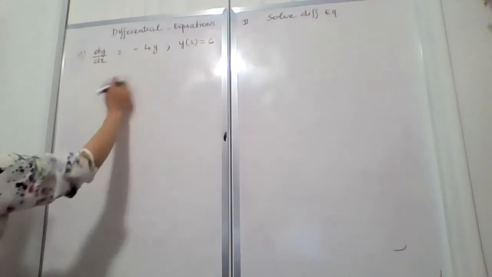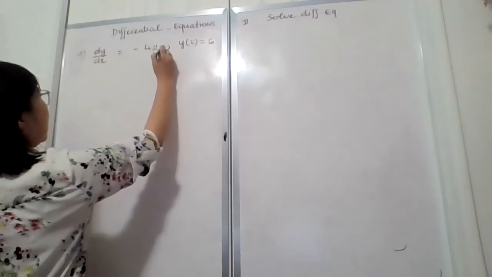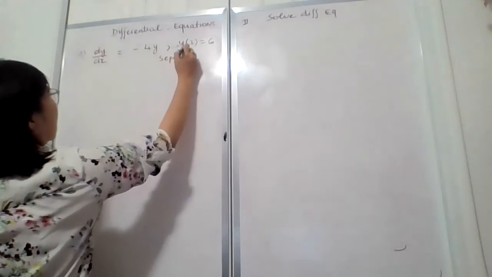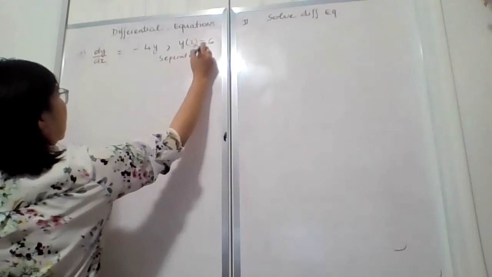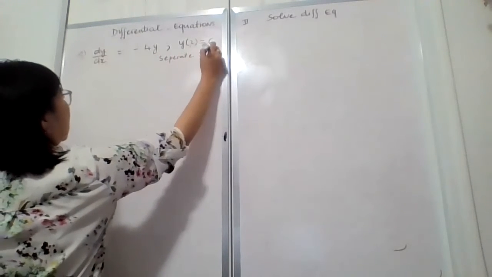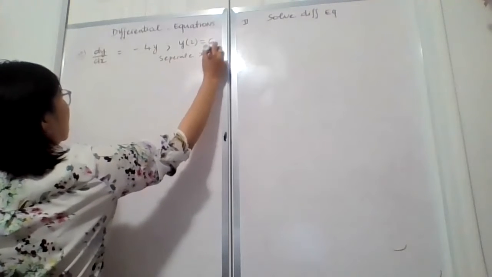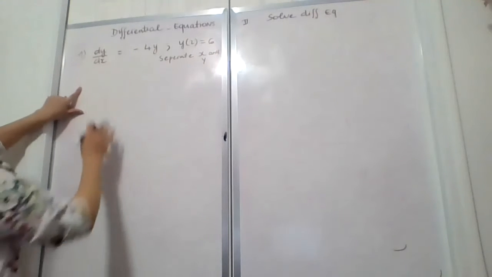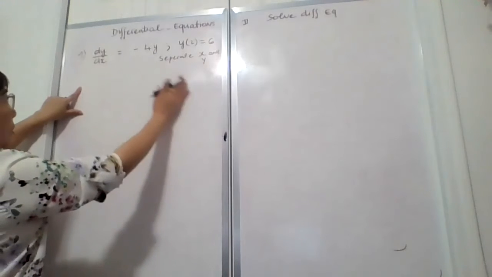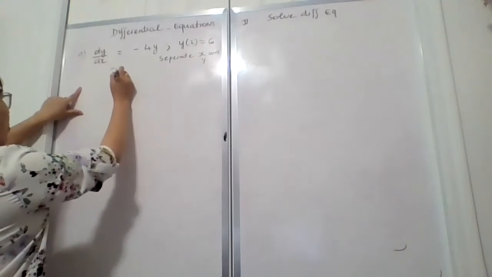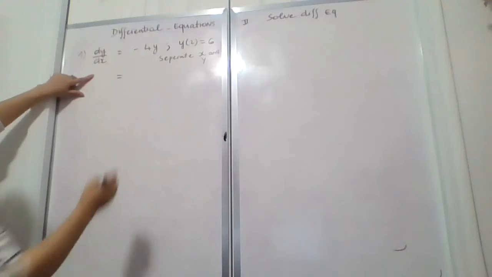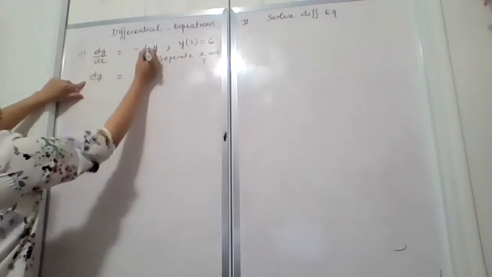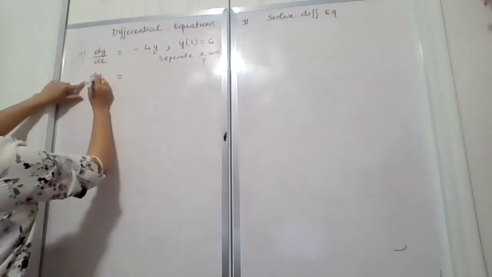Now, to solve this equation, step 1 is to separate x and y. We're going to bring y to the left-hand side and bring x to the right-hand side. We separate the variables. So I'm going to say dy divided by 4y.